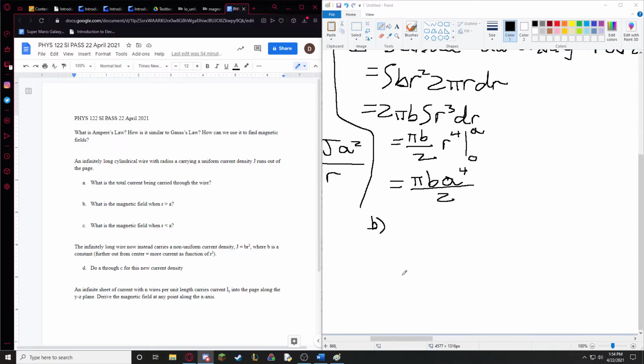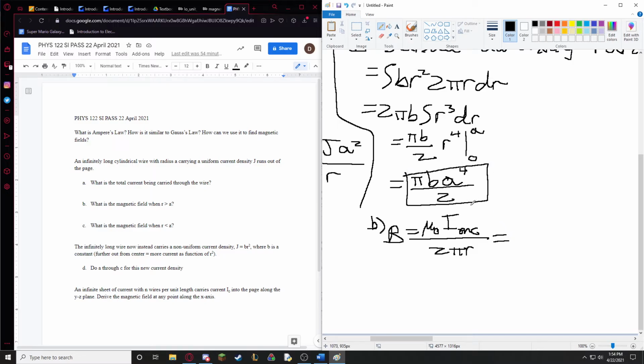B equals mu naught times I enclosed over 2 pi r. What's our enclosed current? Well, when r is greater than a, it's a constant. It's just this. So pi cancels out, so we have mu naught b a to the 4th over 2r. Right, nice and easy.